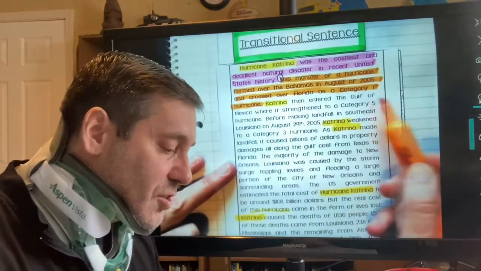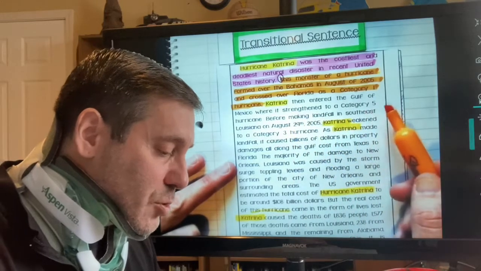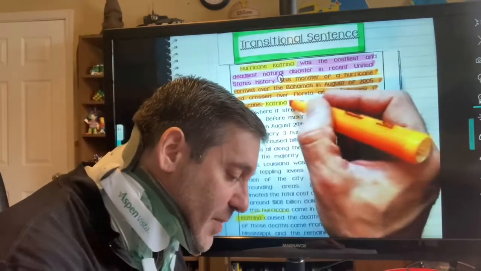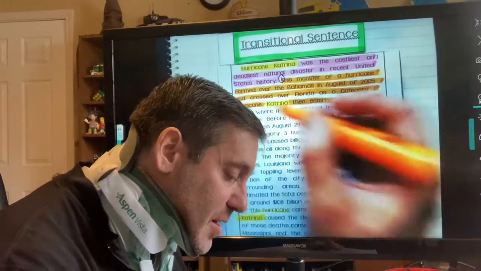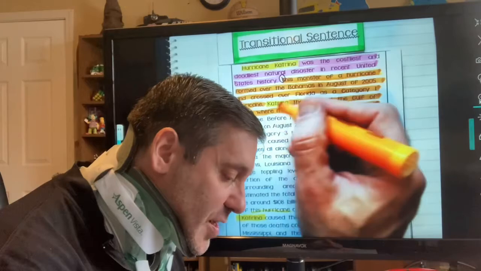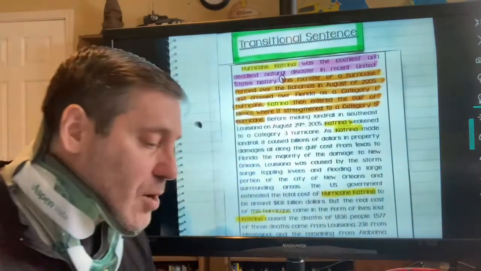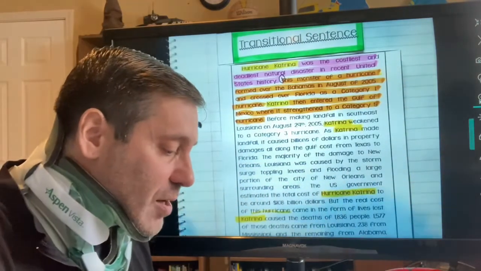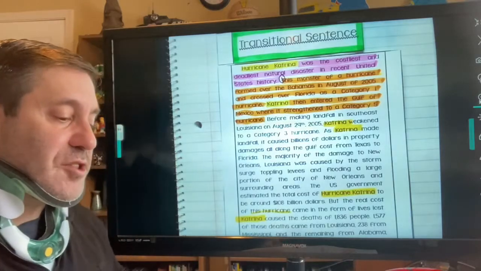Katrina then entered the Gulf of Mexico where it strengthened to a Category 5 hurricane. Again, this is another physical description. Hurricanes are storms, so it is physically describing this storm, where it formed, how it grew to a Category 5, where it was. It's physically describing this storm.